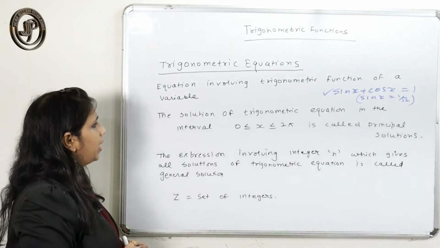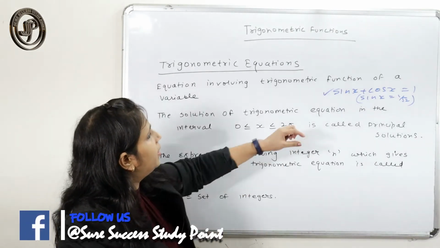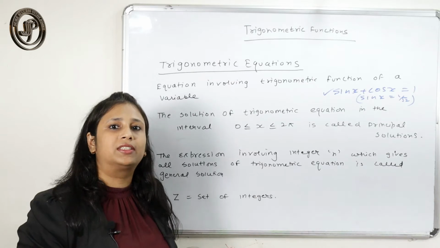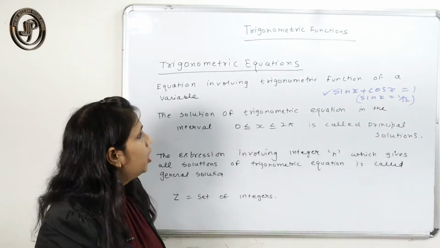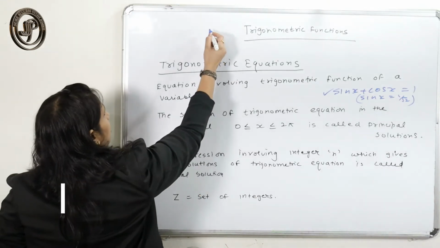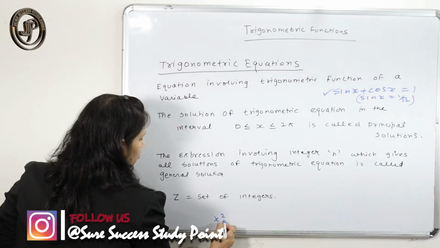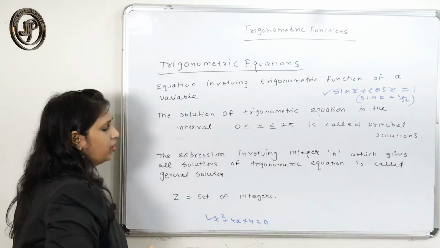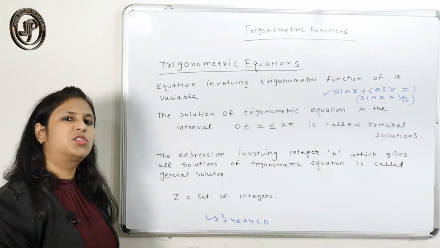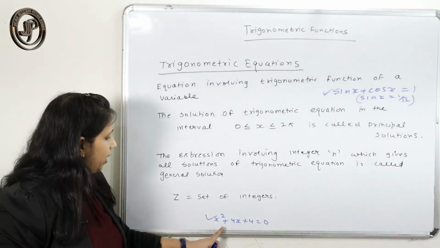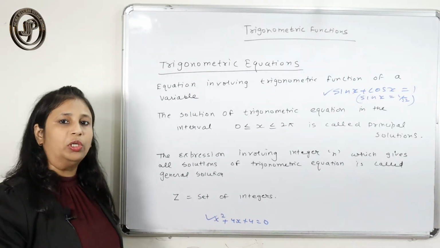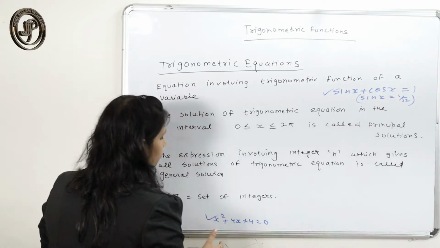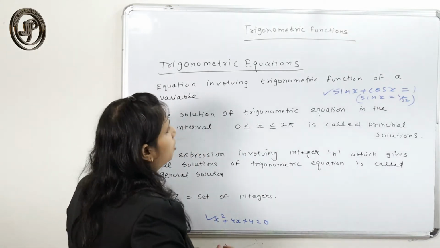Okay. So if you have an equation, then definitely there would be some solution of that equation. For example, x square plus 4x plus 4 equals 0 is a quadratic equation, and if the roots are possible, then it must have some solution.